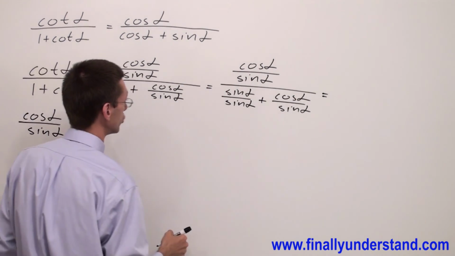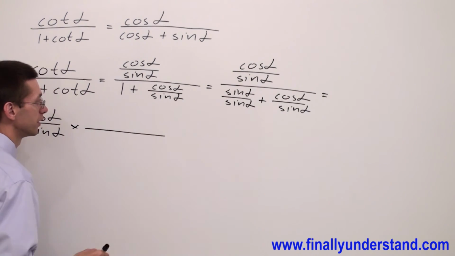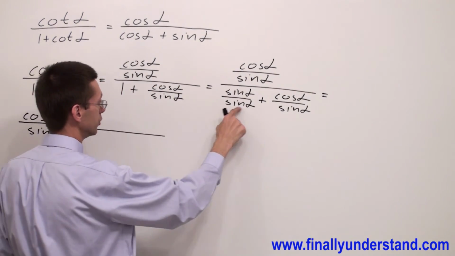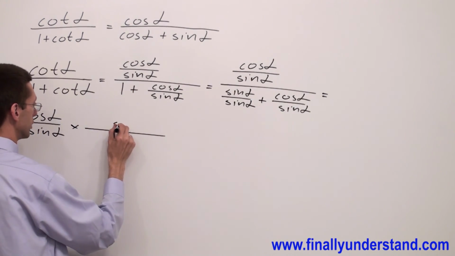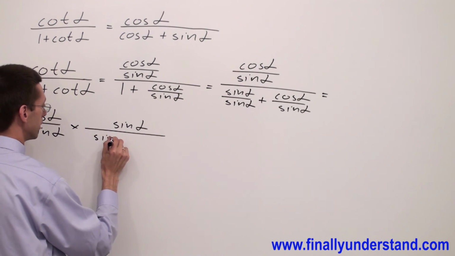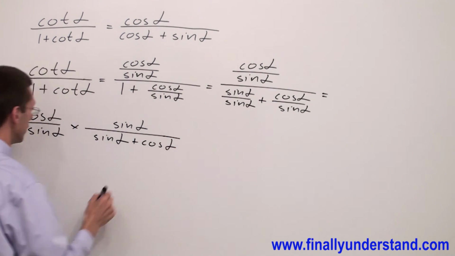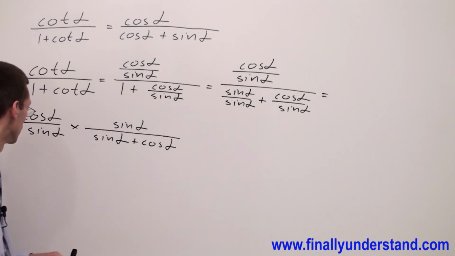Division, I'm going to change to the multiplication, and I'm going to find the reciprocal of the denominator. Don't forget that we have already common denominator, which is equal sine alpha. This sine alpha will go to the numerator, and in the denominator you are going to have sine alpha plus cosine alpha. We have multiplication of two fractions. Anytime you have multiplication of fractions, you're supposed to check if you can reduce any denominator with any numerator.